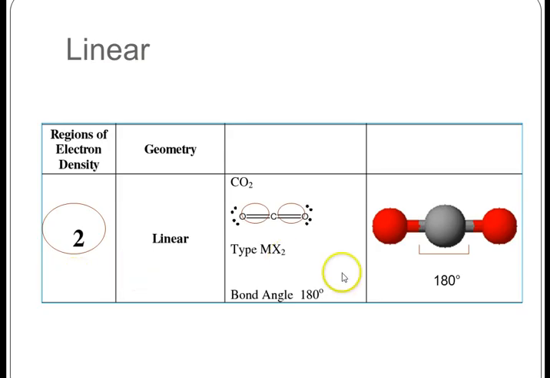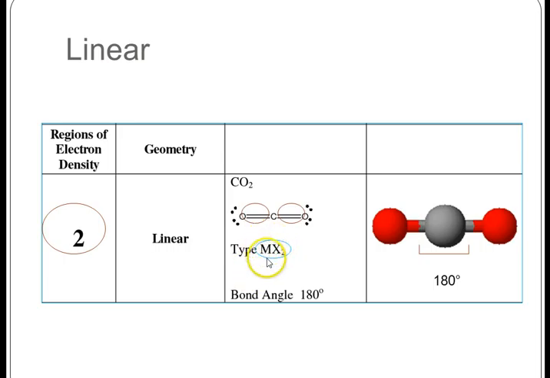And in order for these to get as far apart from each other as possible, they take on a linear, 180-degree angle from each other. You could even play with that, move these molecules around, and what you're going to find is the greatest distance between them is that 180-degree angle, which is your linear. You see this right here, this MX2, and it's just a kind of generic formula.